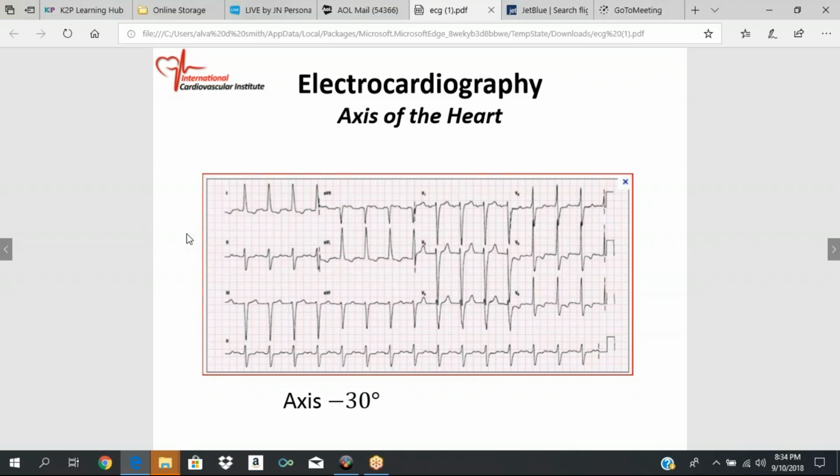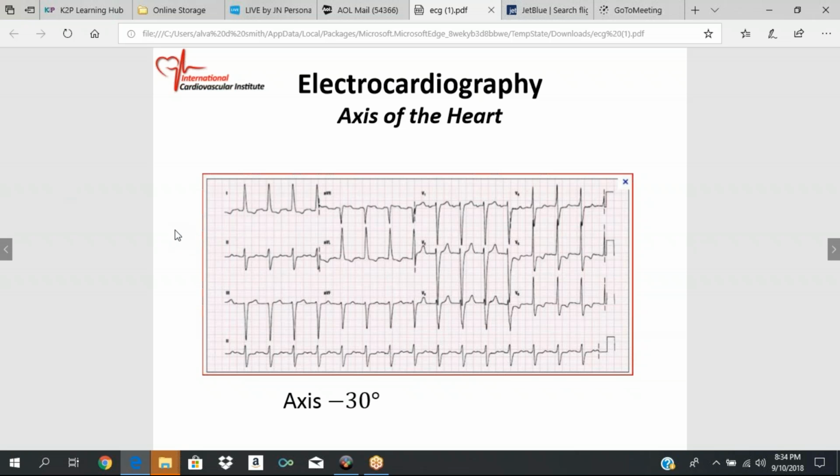When we say sinus, that means the impulse is generated from the SA node. That's what we have been saying all along. Sinus rhythm is generated from the SA node.